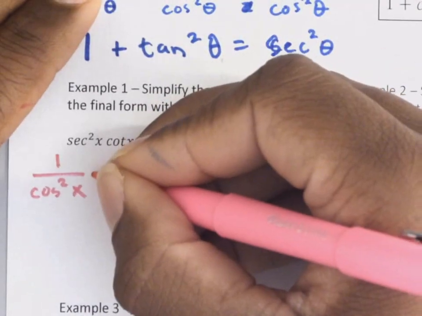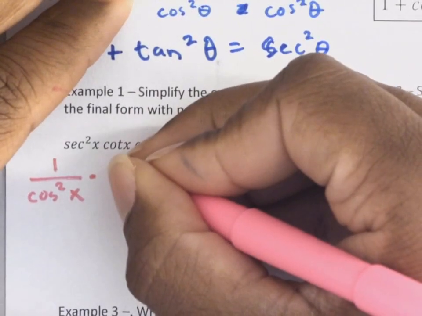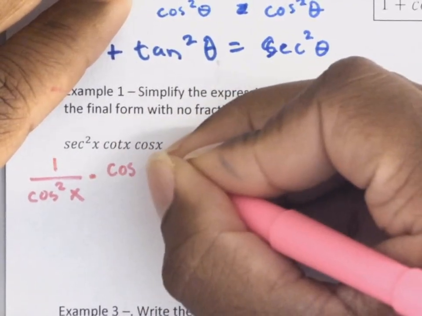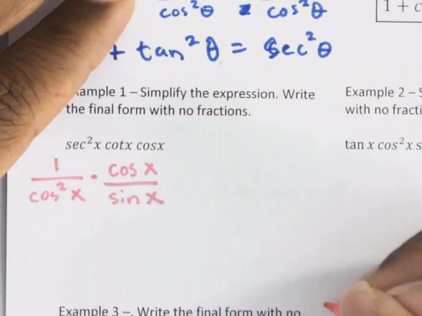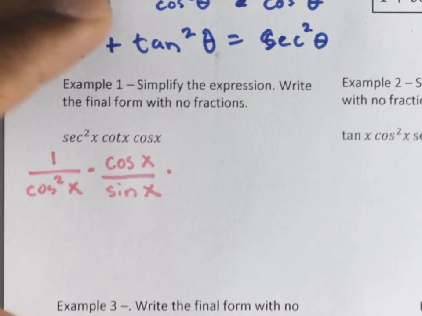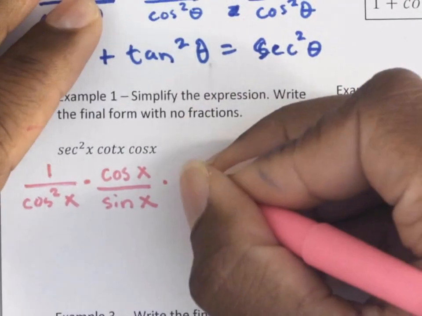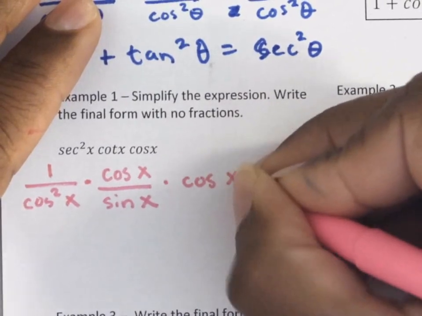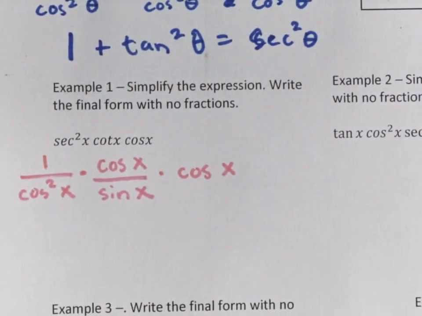And then we said cotangent can be written as cosine over sine. So let's do that: cosine x over sine x. Everybody okay? And then cosine, let's just leave that as cosine for now. Let's see what happens. The nice thing about writing it in terms of sine and cosine is I think some things will cancel out and combine.